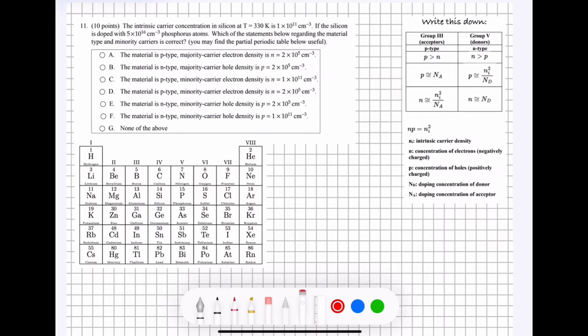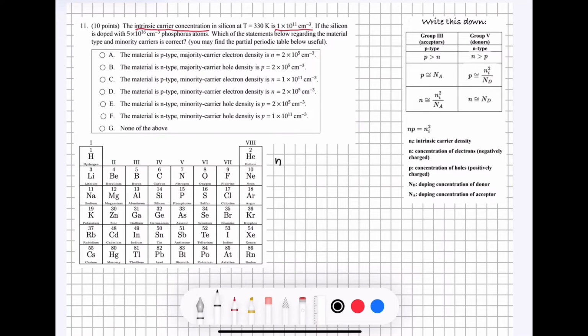So the most important equation for us for this problem is going to be this right here, NP equals Ni squared, where Ni is the intrinsic carrier density, N is the concentration of electrons, and P is the concentration of holes. In the problem statement, we can see that we are told the intrinsic carrier concentration, and it's that number right there.